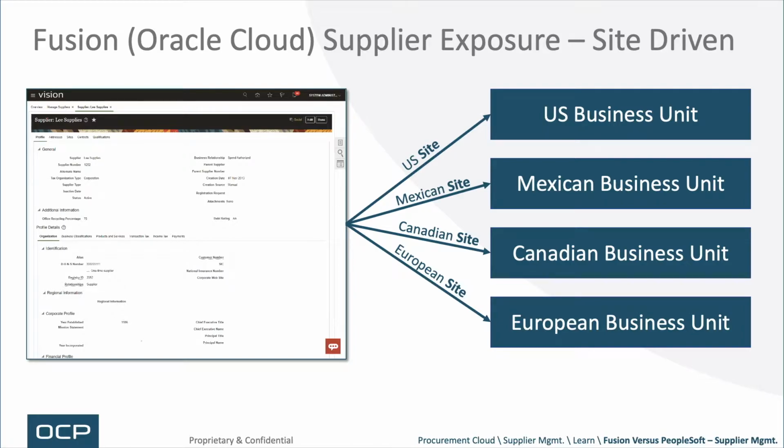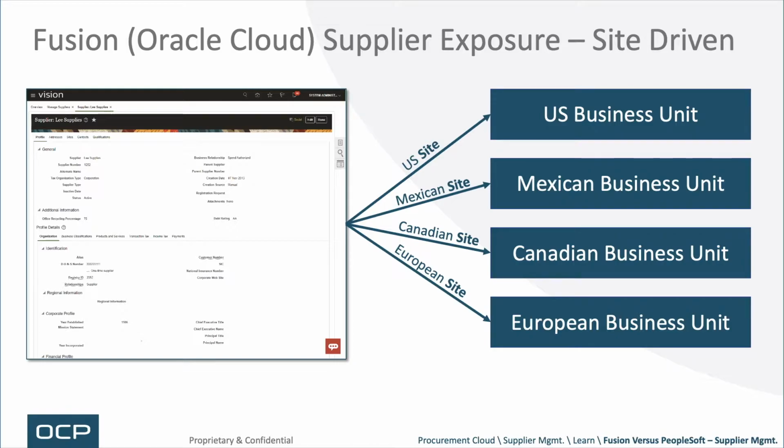However, in Fusion, it's a little bit more flexible than a monolithic set ID. In Fusion, each supplier at the site level, so not a global supplier belongs to set ID belongs to business unit. I can have a global supplier with, in this case, a US, a Mexican, a Canadian, and a European site, and I could expose that supplier, or in effect those supplier sites, which is the profile of the suppliers plus some additional profile-ish type information.